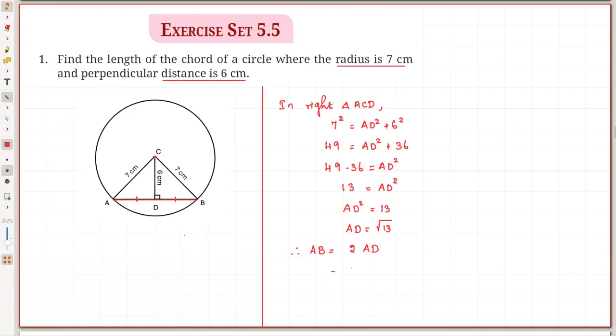So AB is equal to 2 into root 13. The length of the chord AB is equal to 2 root 13. More than this, we cannot simplify. Now this is the answer: 2 root 13.